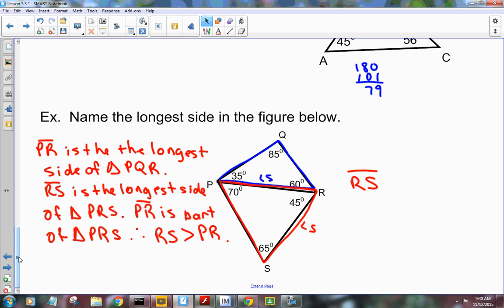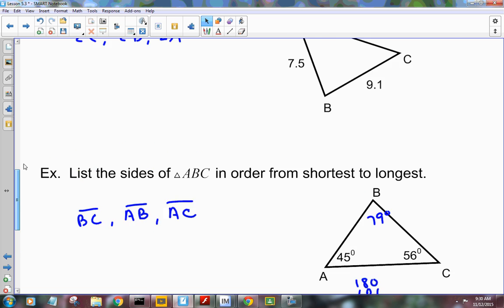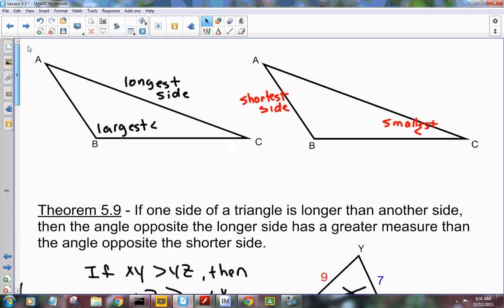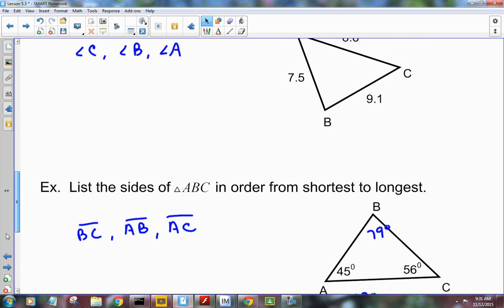So how do you say that RS is bigger than PR? How do you know that? Well, you remember back up here that your longest side is across from the largest angle within a single triangle. So in this triangle, this is like 65.